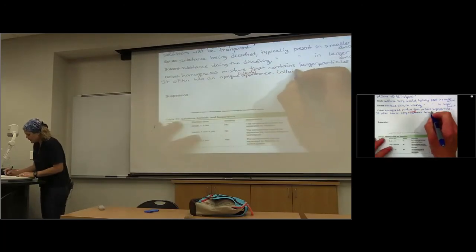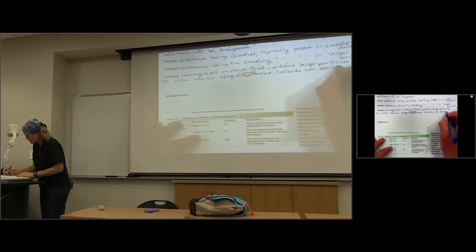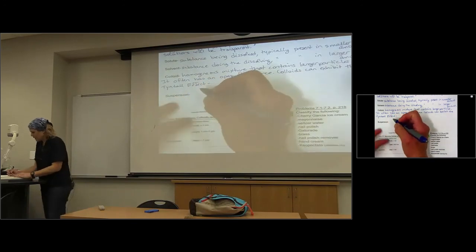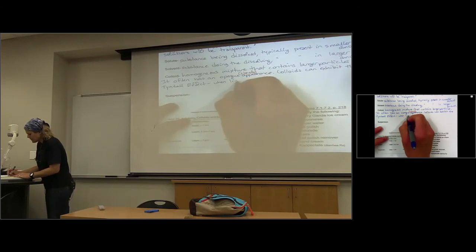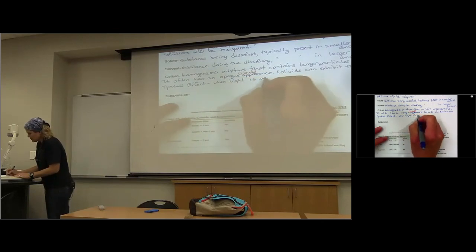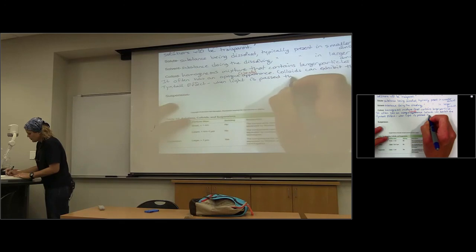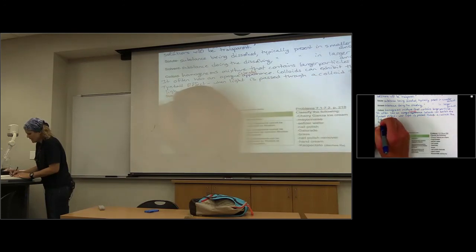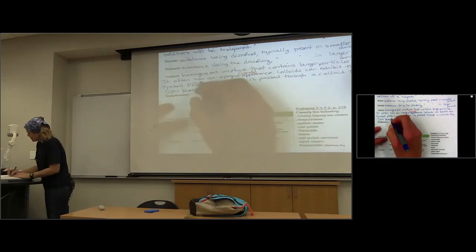Colloids are pretty unique in that they can exhibit what we call the Tyndall effect. And that is when light is passed through a colloid, the light beam is seen.